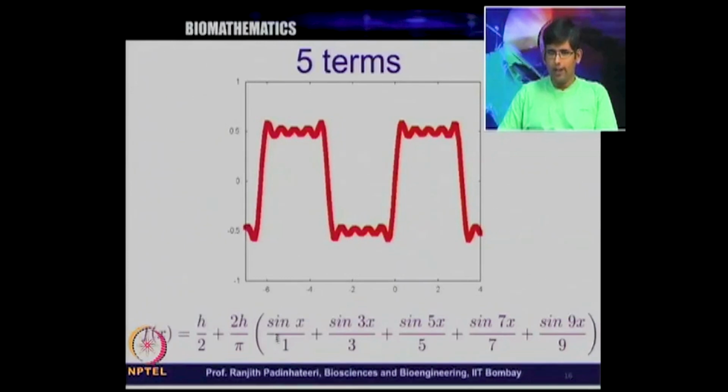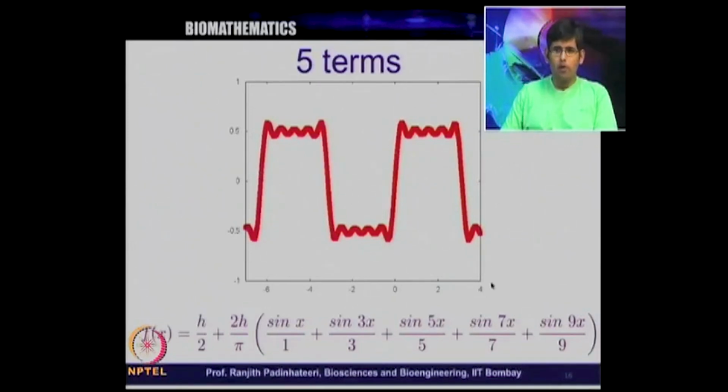So, look at this: there is sin 1x by 1, sin 3x by 3, sin 5x by 5, sin 7x by 7, sin 9x by 9. So, essentially you have 1, 2, 3, 4, 5 terms inside this bracket, 5 x-dependent terms plus 1 constant term, and that gives somewhat closer to a square, but actually still far from a square. However, it seems to look very far from a sine, it is more like a square wave.